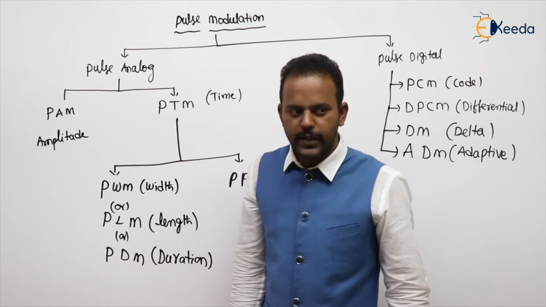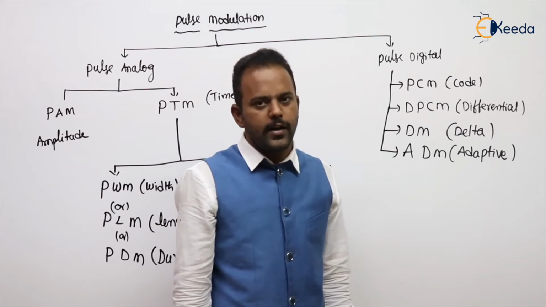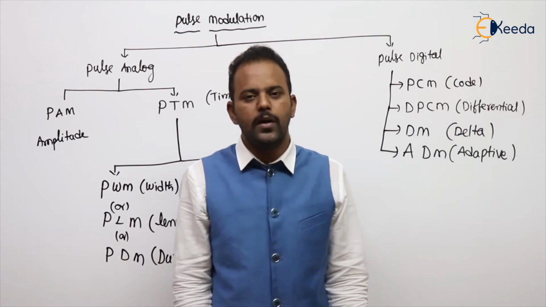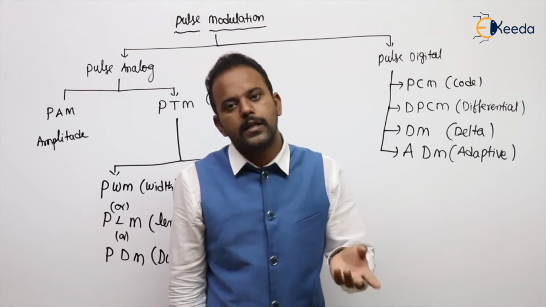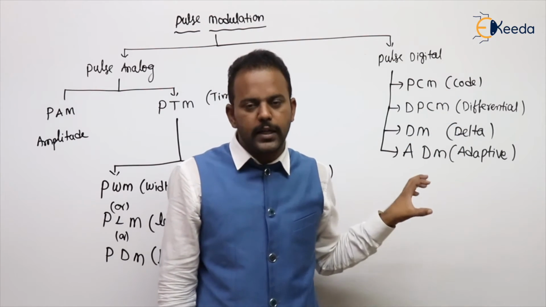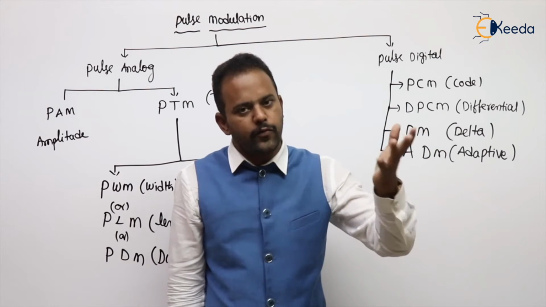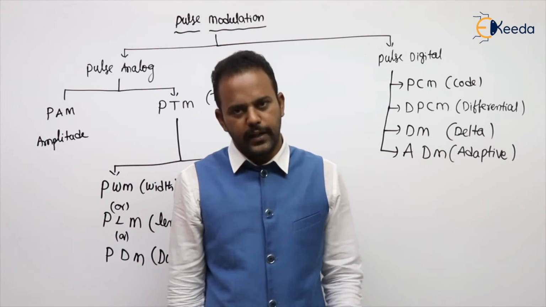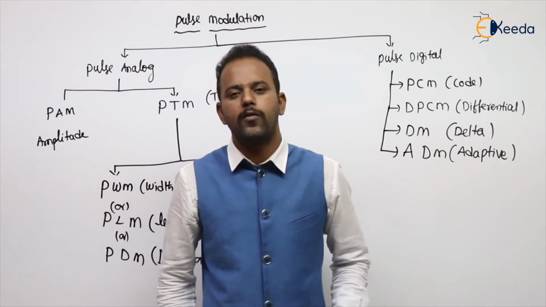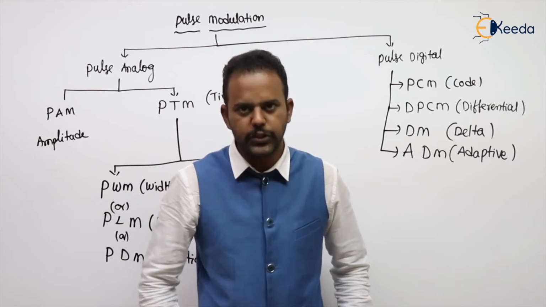Are you getting my point? Directly, we can also use them for transmission through cables. These two will be through the cable only. If you want to transmit through free space, we have to use either ASK or FSK or PSK. Preferable one is phase shift keying. Are you getting it? That is the best suitable one for digital communication.